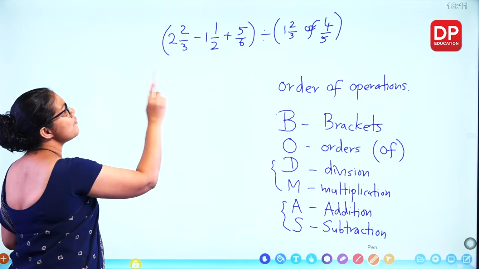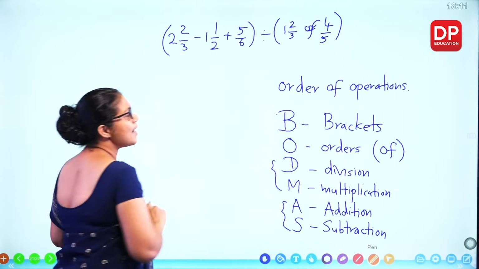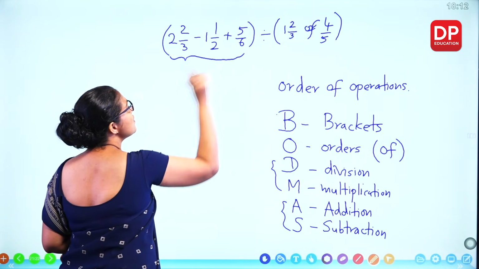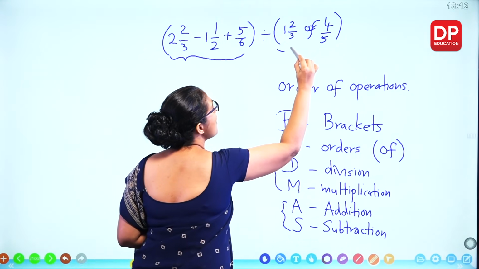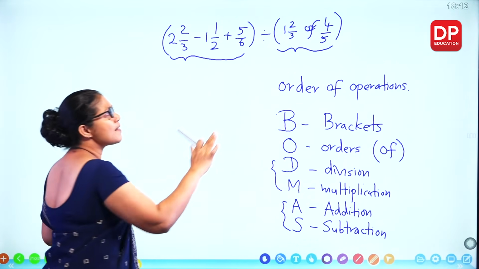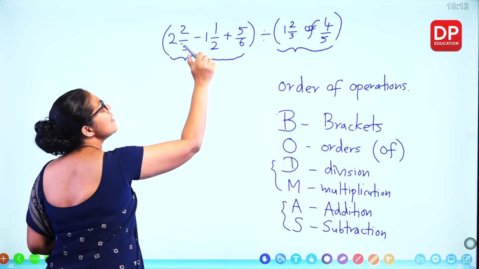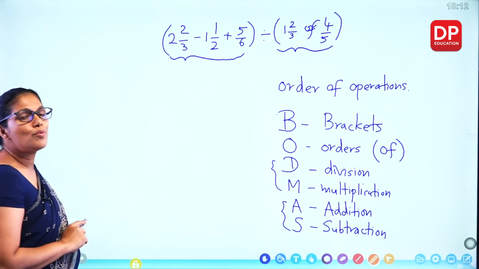From left to right, when you go along this row, you get brackets. So that means you have to do this one first, and then this one second. Separately you have to do it, and then you can get the answers and then divide the two values.